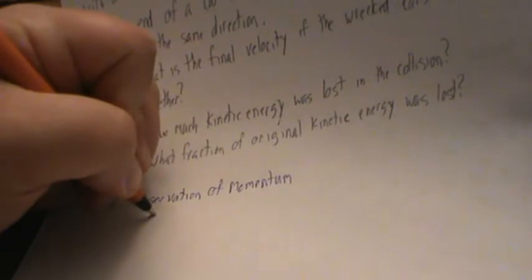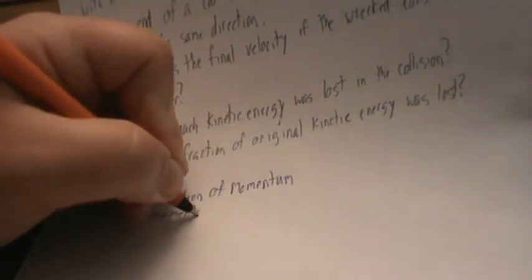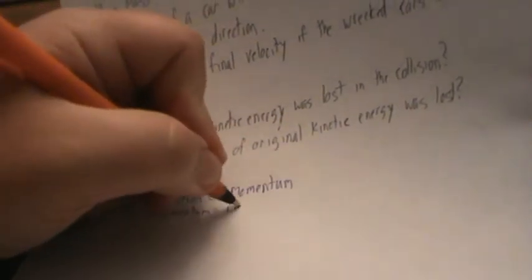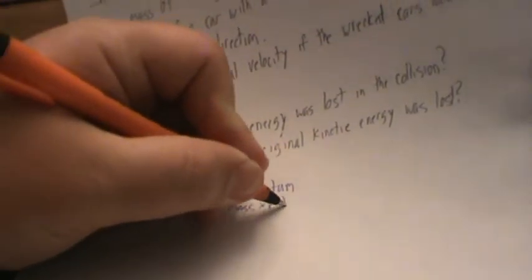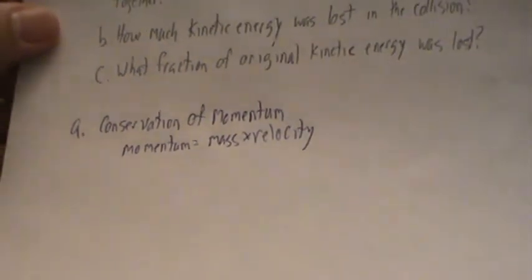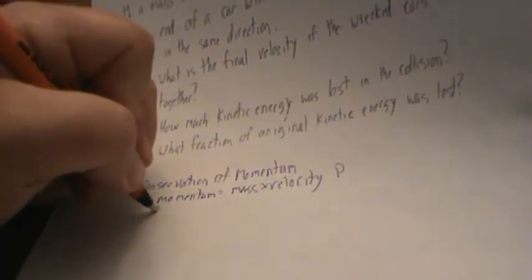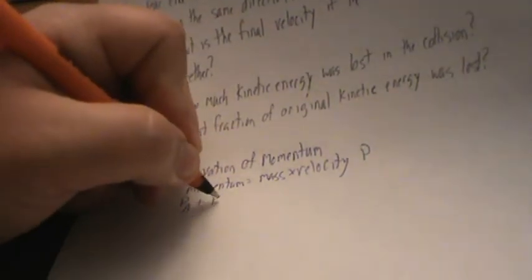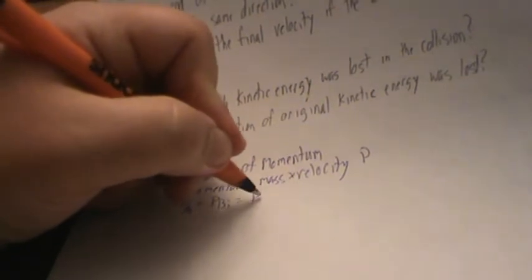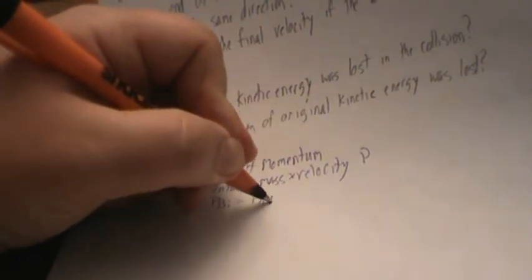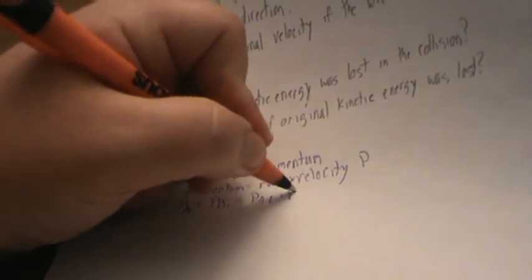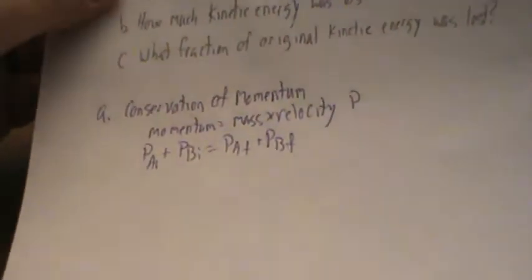If you remember, momentum is mass times velocity, and it is represented with a P. So if we take the momentum of car A plus the momentum of car B initially, that should be equal to the momentum of car A final plus the momentum of car B final.